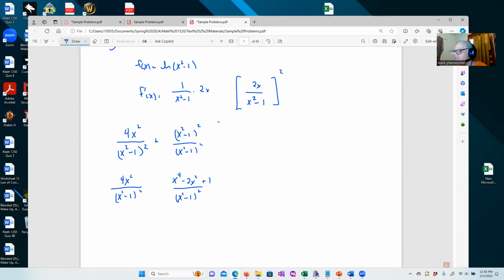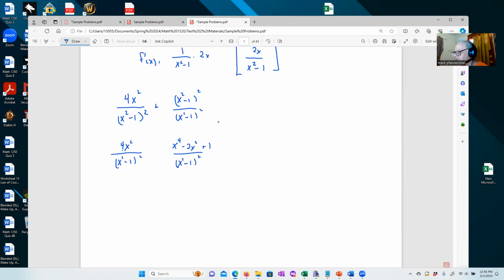We're going to add those two together. Okay, so we have 4 minus 2, which is positive 2. So this is going to be x to the 4th plus 2x squared plus 1 all over x squared minus 1, squared. Now this is a perfect square trinomial, so this is x squared plus 1, squared over x squared minus 1, squared.